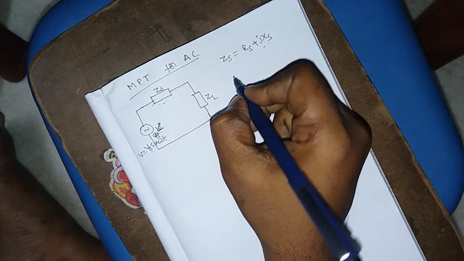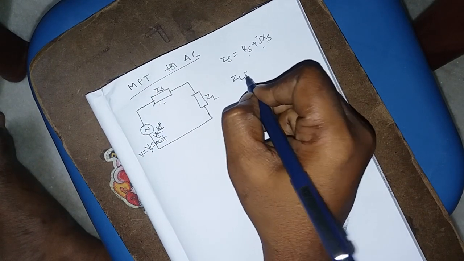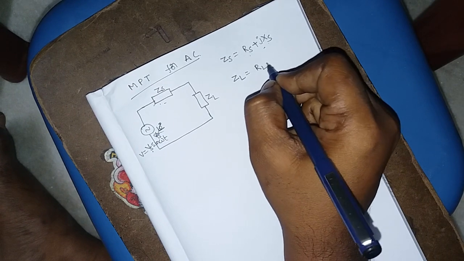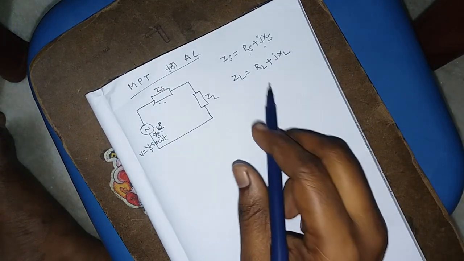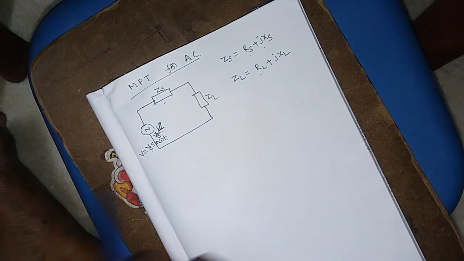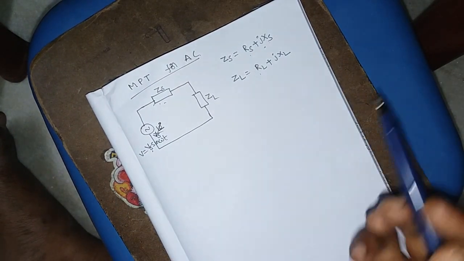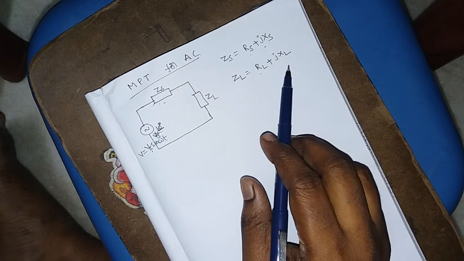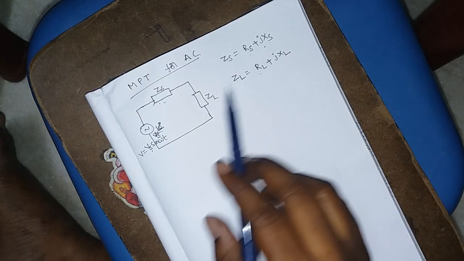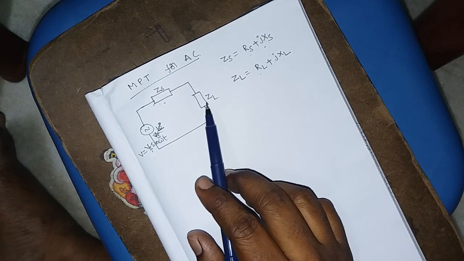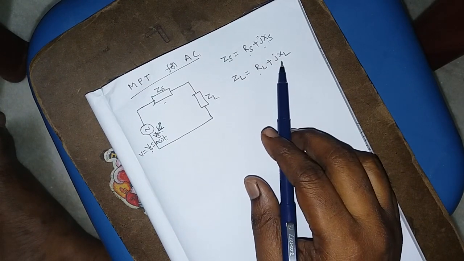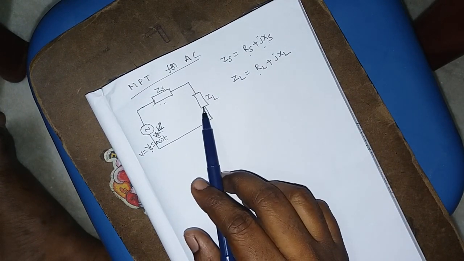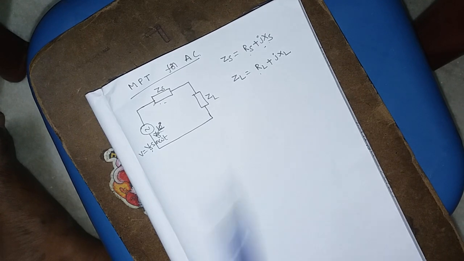And let ZL be equal to RL plus j XL, where RL is the load resistance and XL is the load reactance. This load reactance is positive when the load is inductive, and negative when the load is characterized by a capacitor.